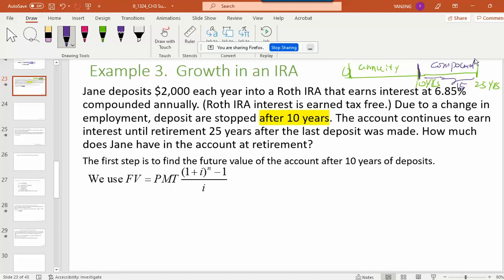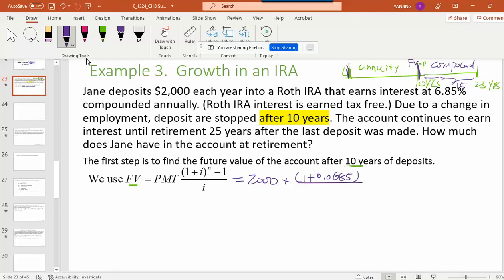So we have to break this down into two parts. The first part is the future value of this annuity, and the future value of the annuity becomes the principal for the second part, the compound. So how do we find the future value for the first 10 years, the annuity? We have a formula, or you can use the calculator app. The deposit is $2,000, and 1 plus i here is 0.0685.